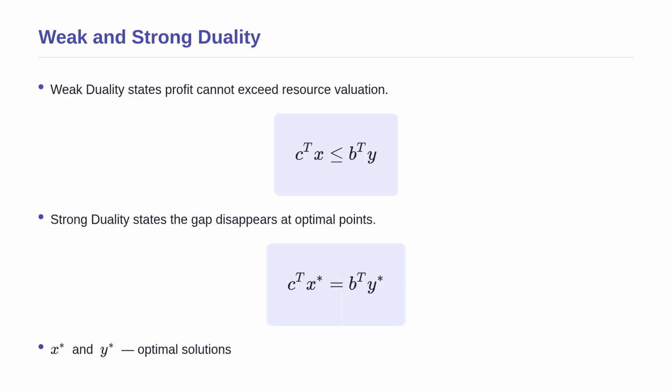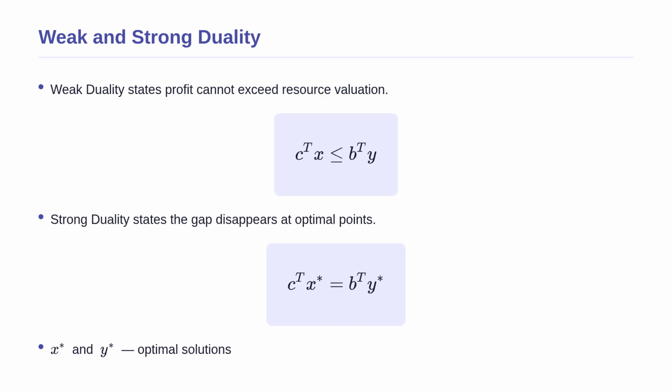With both problems defined, we can introduce the mathematical relationship between them. First, we have weak duality. Conceptually, this means the profit you make can never exceed the total valuation of your resources. The formula shows that any feasible profit is less than or equal to any feasible cost.